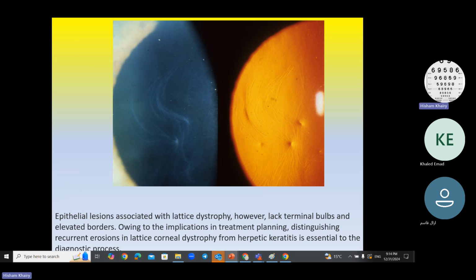You can think that these epithelial lesions are herpetic, but they lack terminal bulbs and elevated borders. Because the treatment of recurrent erosions is totally different from herpetic keratitis, it is essential to diagnose the process.